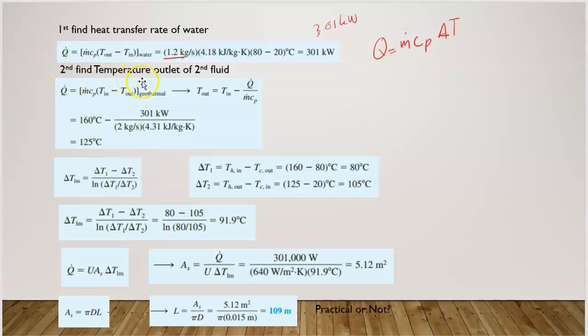And then we need to find the outlet temperature of the second fluid by using the same formula, because Q is the same.